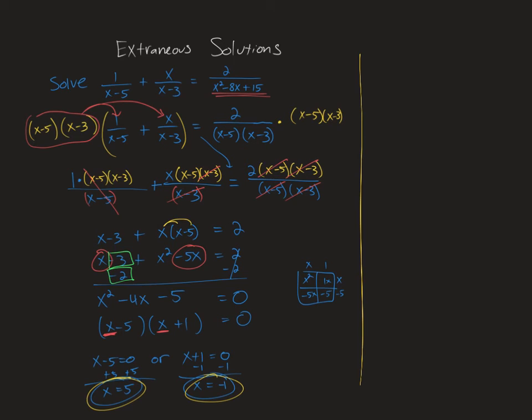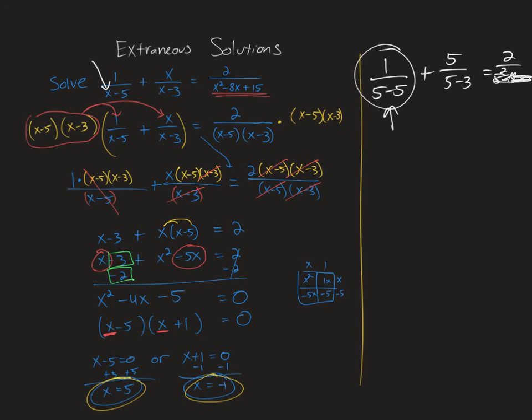If I plug in my x equals 5 right there, it's going to be 1 over 5 minus 5 plus whatever. Every time I see an x, I'm going to replace it with the 5. 5 minus 3 equals 2 over 5 minus 5 squared minus 8 times. This is just going to be garbage for now. But I want you to see this here.